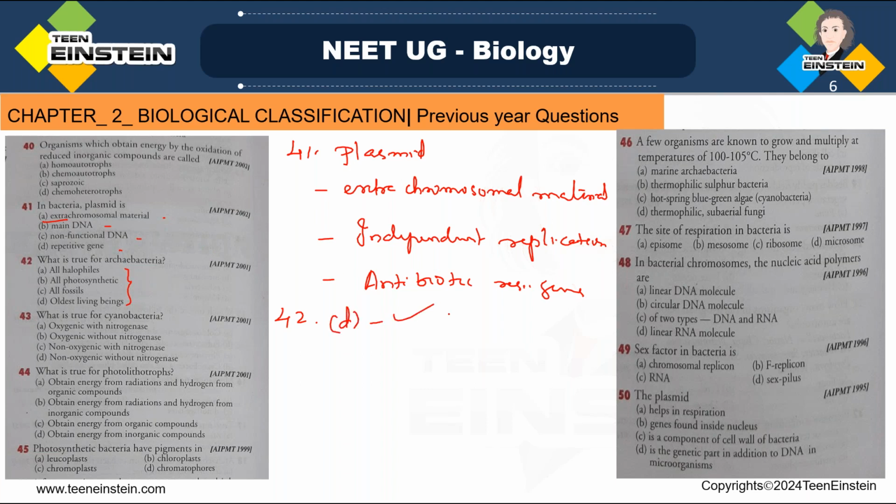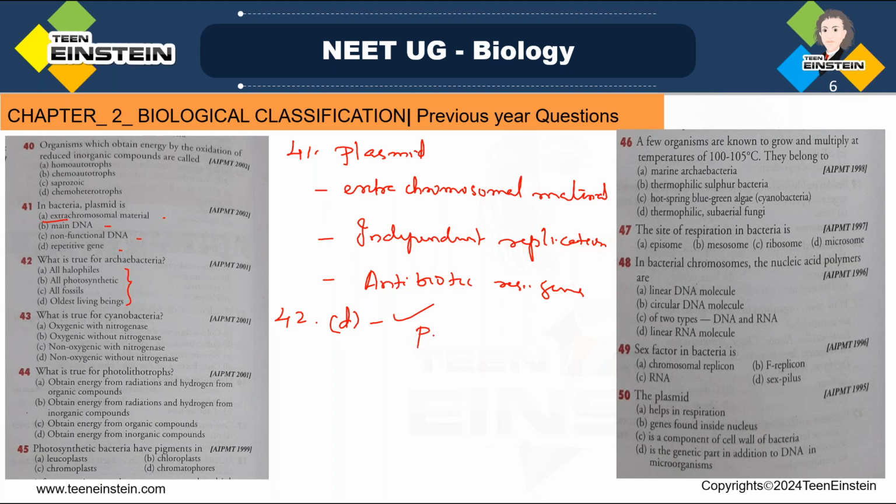See, archaebacteria are able to live or adjust in extreme environmental conditions, right? That shows that they have existed from the primitive earth stage itself. It is believed that archaebacteria represent the early forms of life.